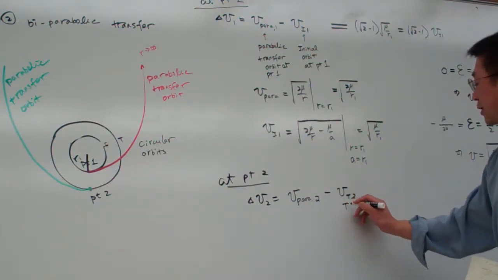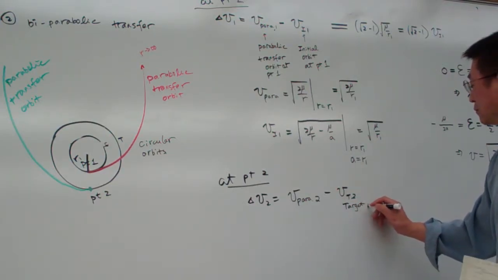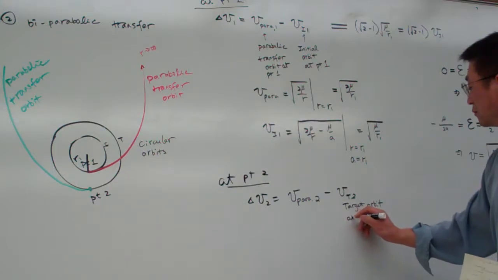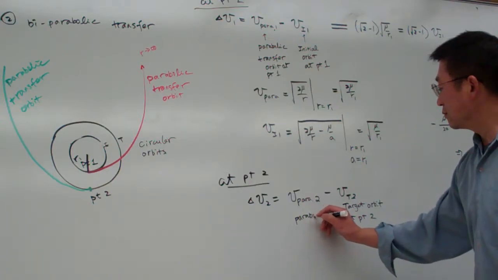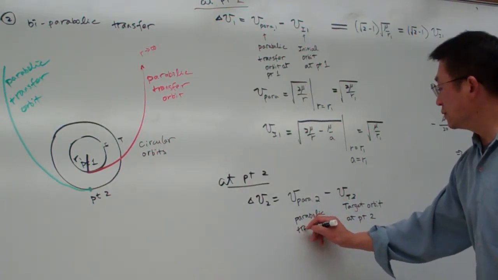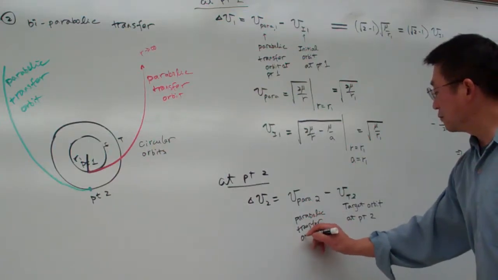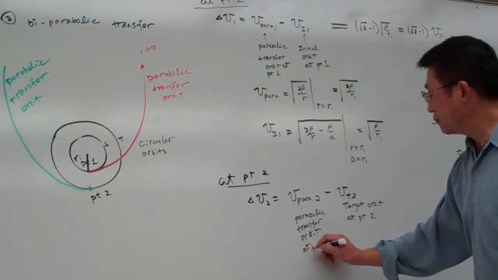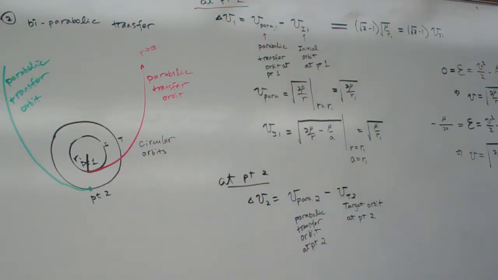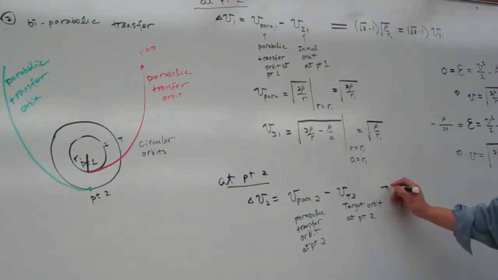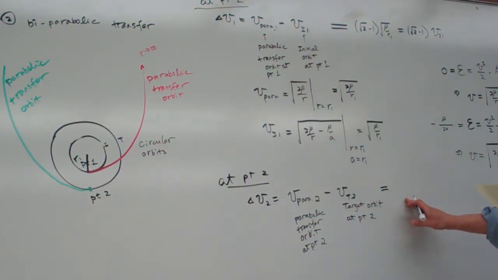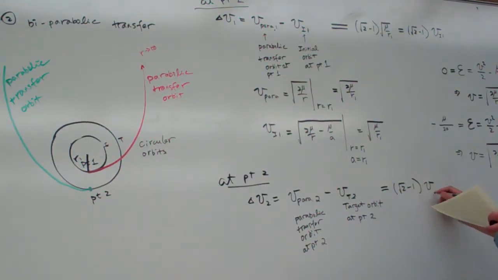Okay, so that is the target at point 2, and that is the parabolic transfer. They will take the same patterns of formulas, so let me skip the detailed calculation and go directly to here. Again, that is the square root of 2 minus 1 times VT2.